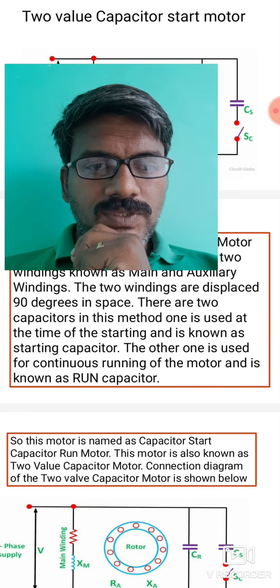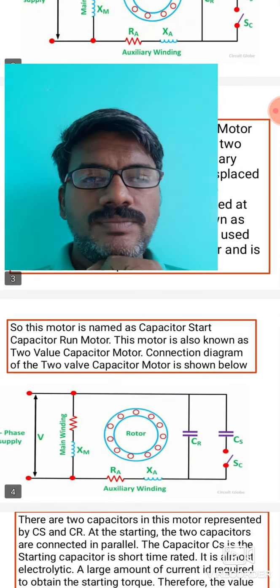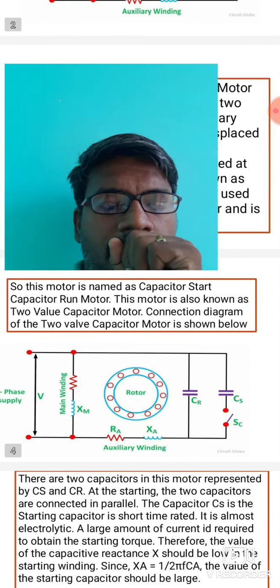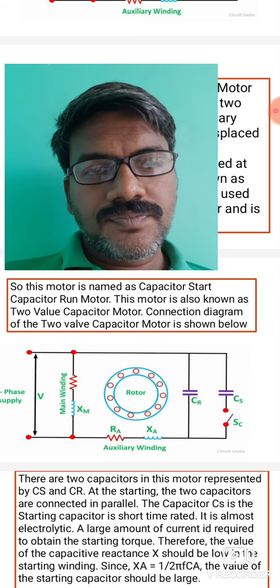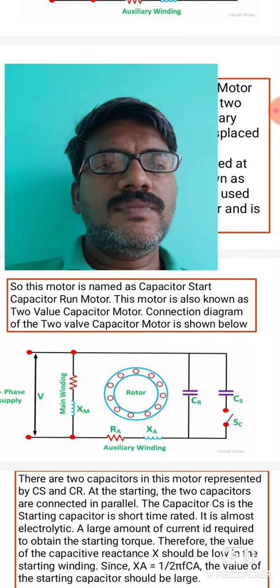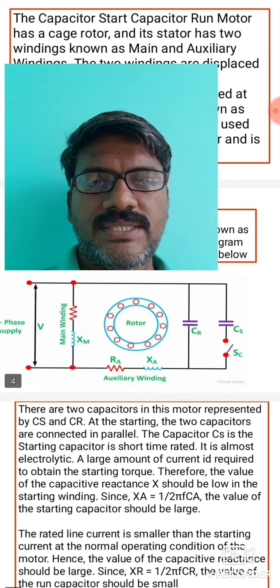So the connection diagram you can once again observe: main winding, auxiliary winding, starting capacitor and running capacitor.